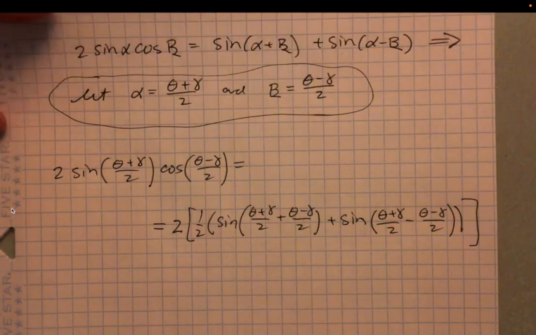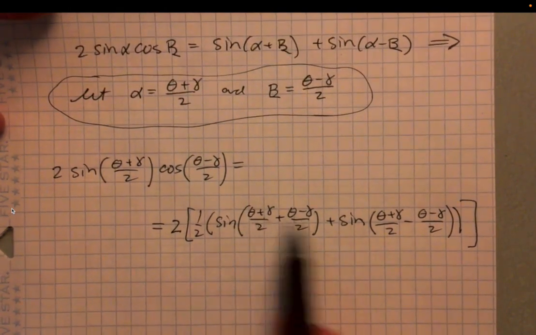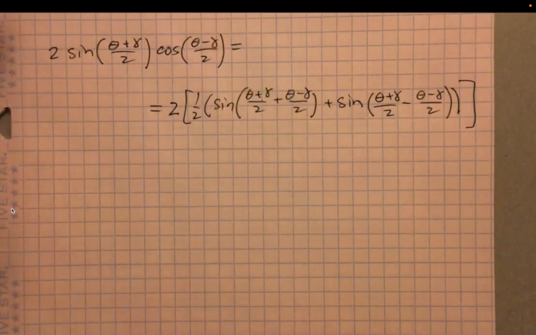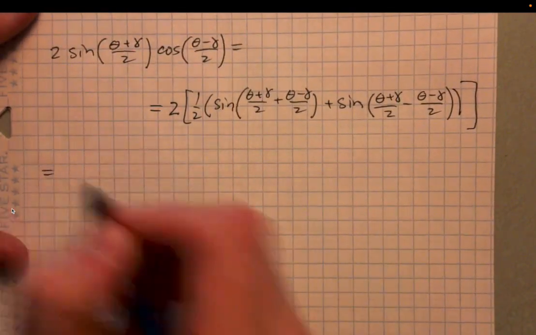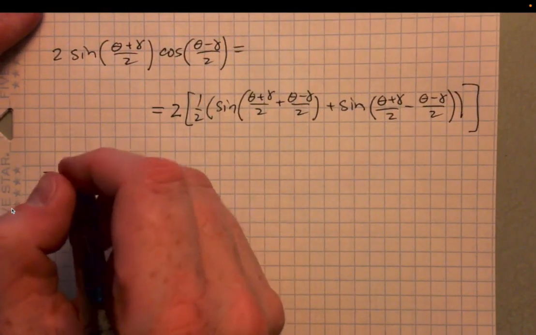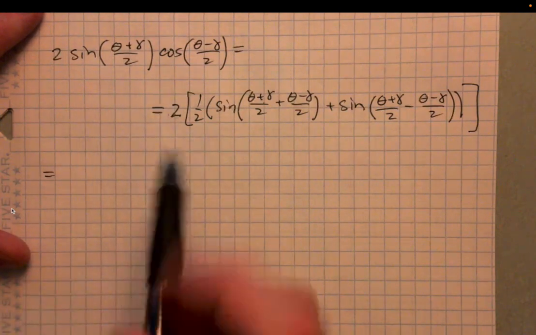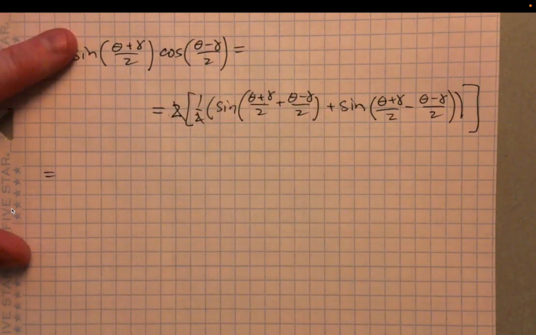Okay, so we need to simplify these arguments, obviously. The 2 and the half will cancel, so we could have just done that from the start.